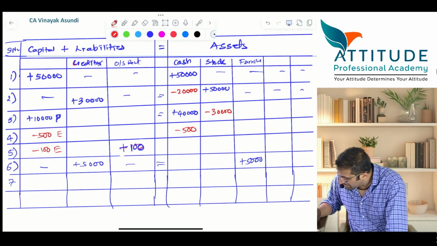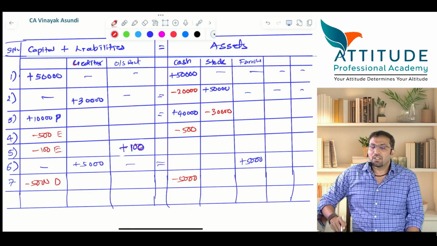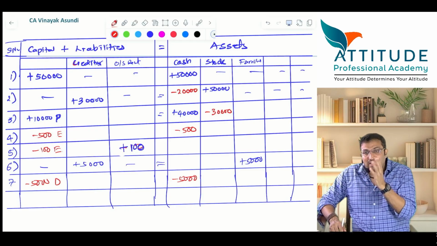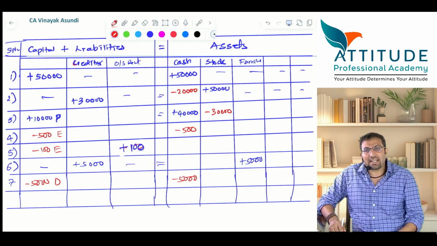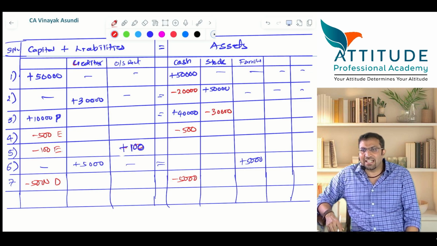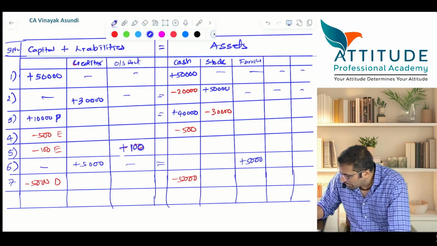Minus cash 5,000, and 5,000 is minus capital because it is drawings, not expenses. Drawings will also reduce the capital. Entry is drawings account debit to cash. Cash reduces, credited, and capital also reduces, debited. Capital debit or drawings account debit. Is that clear? All of you are able to understand? 8th one, bolo.